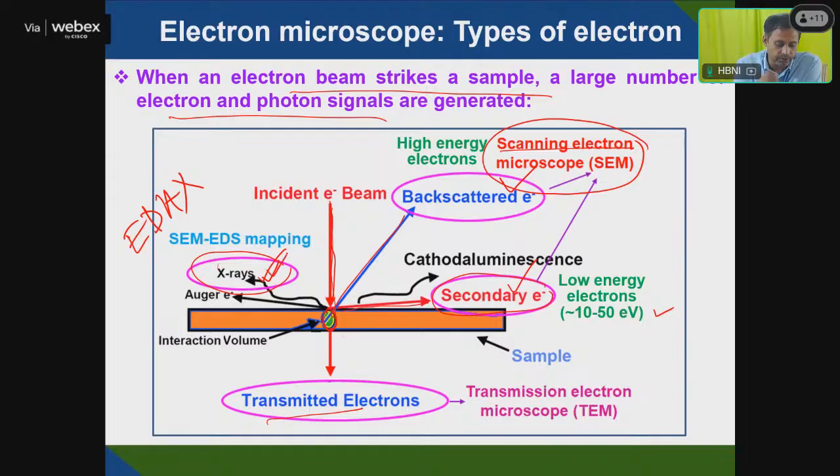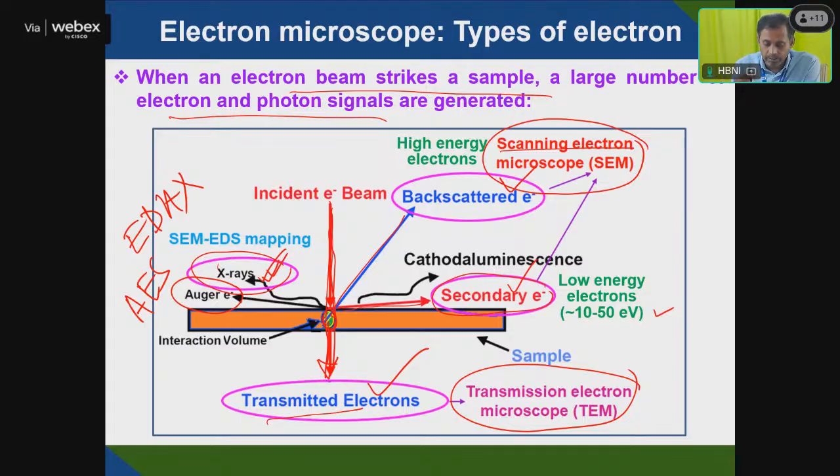Then an Auger electron is produced that can be used for Auger electron spectroscopy, which we will discuss in the next class. And the transmitted beam passing through the matter gives you transmitted electrons, which are used for the transmission electron microscope. And then there is some luminescence, cathodoluminescence, that can also be detected.